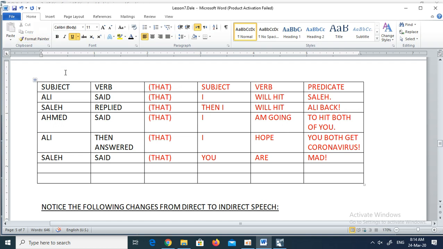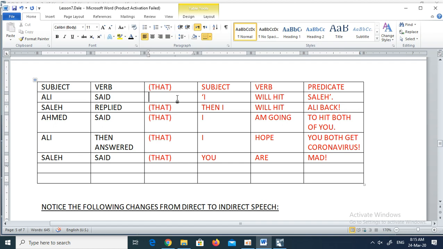with the first example. Ali said that I will hit Saleh. Okay. At this stage, there is no that. Let us leave it in indirect speech.